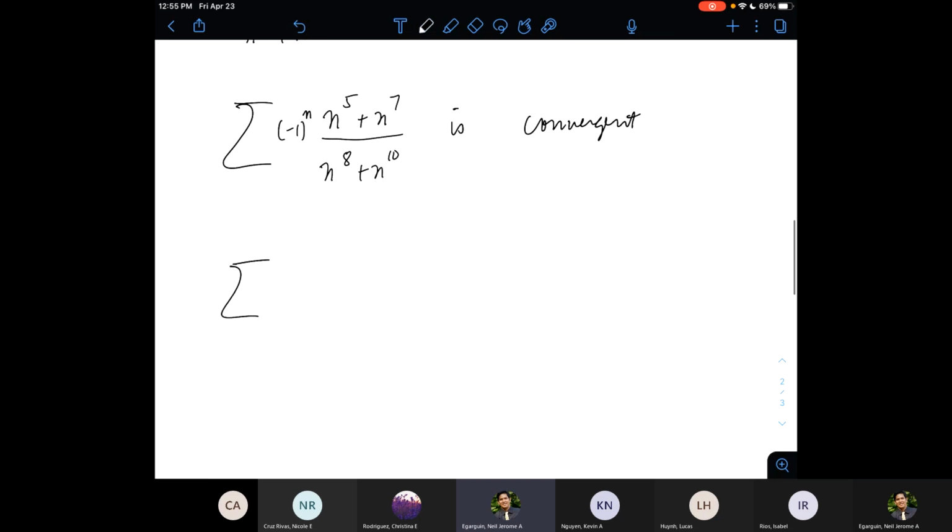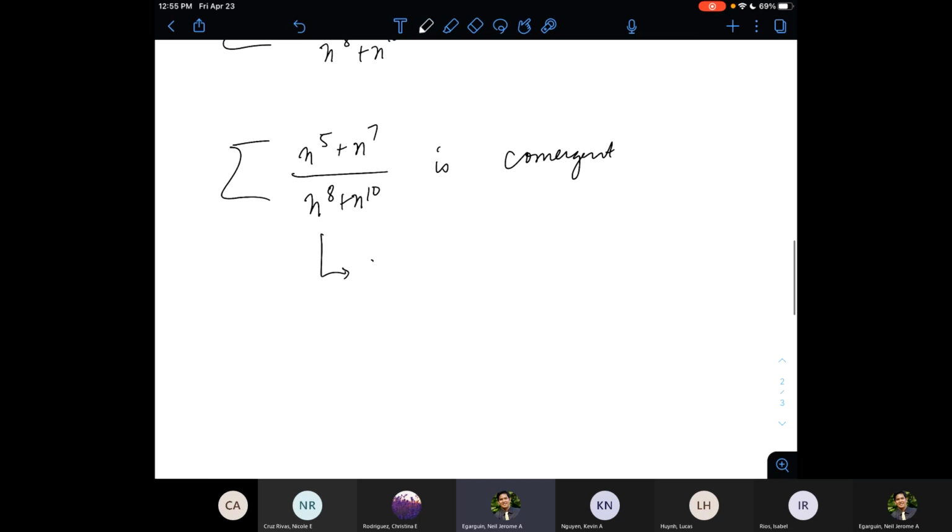Now, if you're talking about the one without the alternating sign, this is also convergent because you can do LCT, limit comparison test, with the series that behaves in a similar fashion.